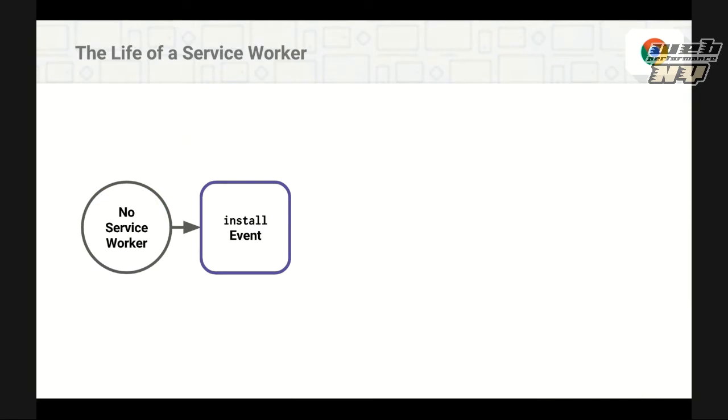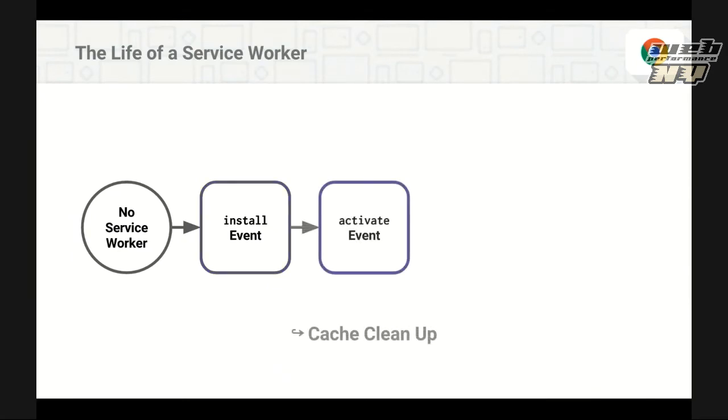All right, so back to the life of the service worker for a bit. The next event you'll get a chance to handle is called activate. And this is where you would normally perform cache cleanup of any out-of-date resources that your shell no longer needs. So you first have the ability to handle the install event and download new things.